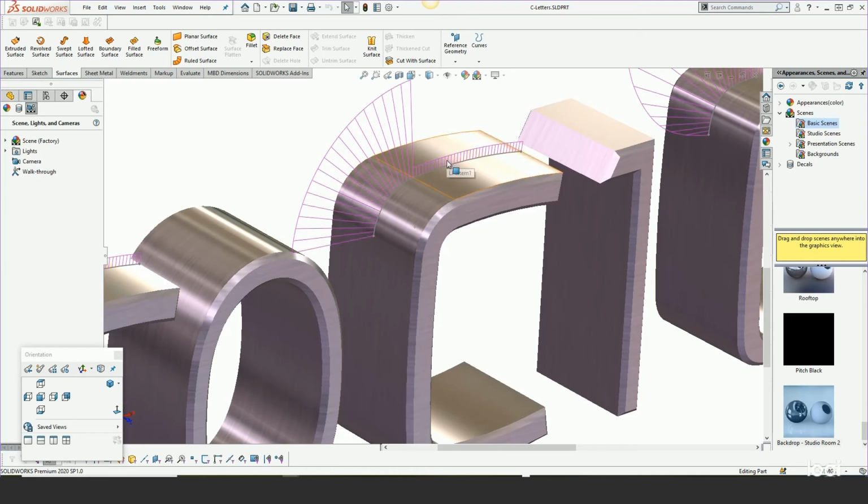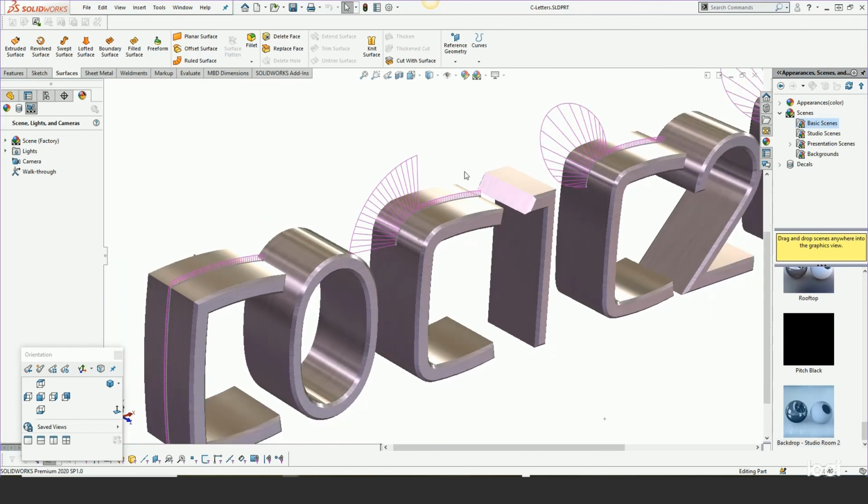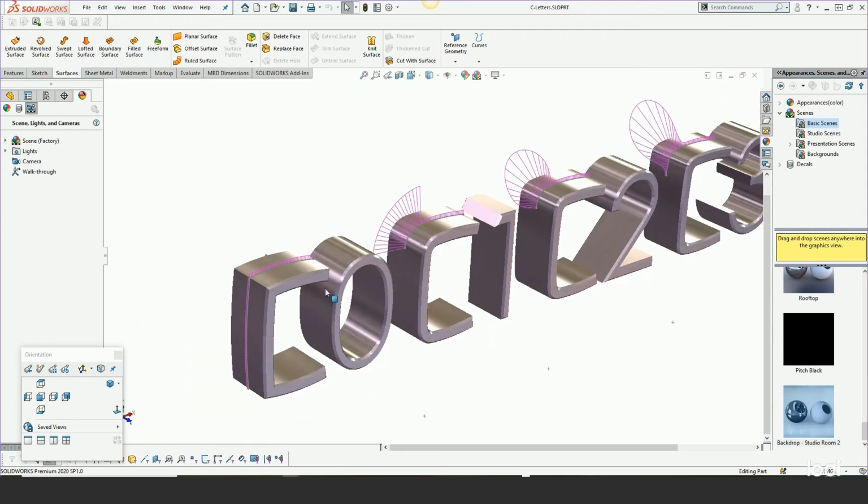With a curvature comb, you can see a rate of curvature over this arc surface, and a different rate of curvature on this radius. By the way, if the sides of this C were linear or flat, you would have no curvature comb showing because there'd be no curvature change.